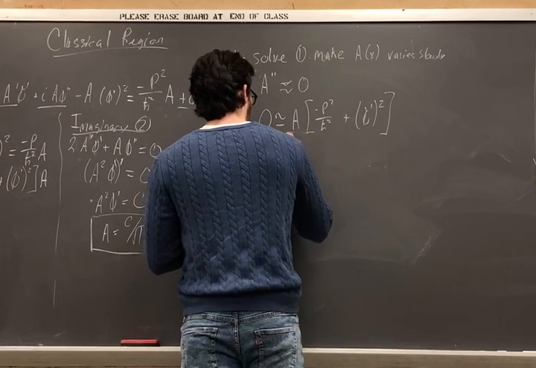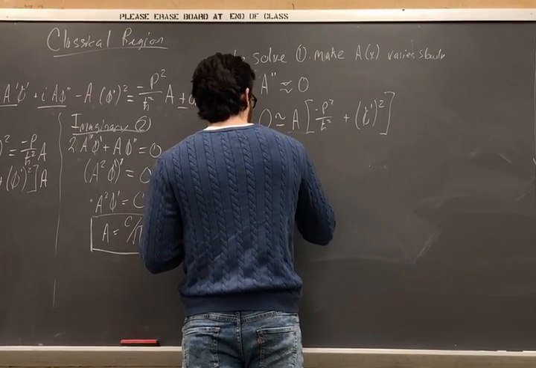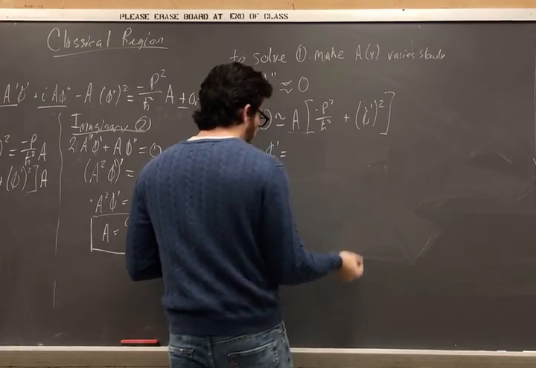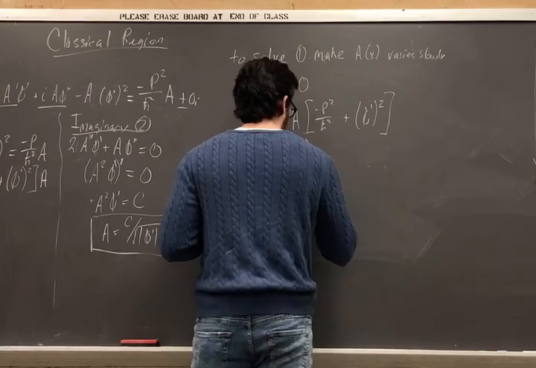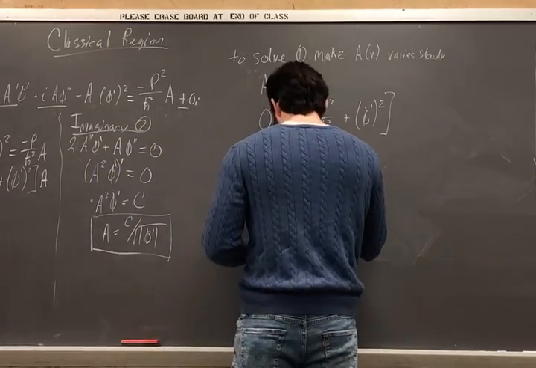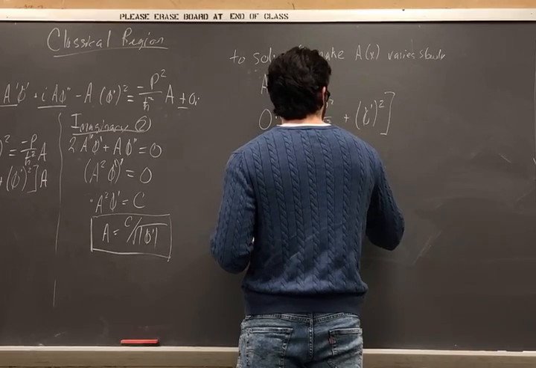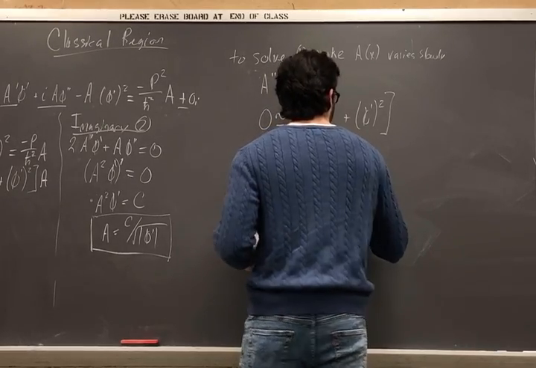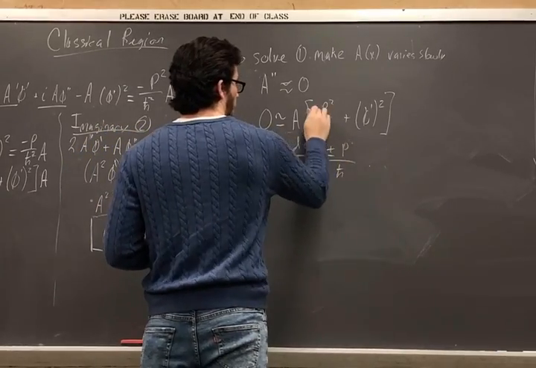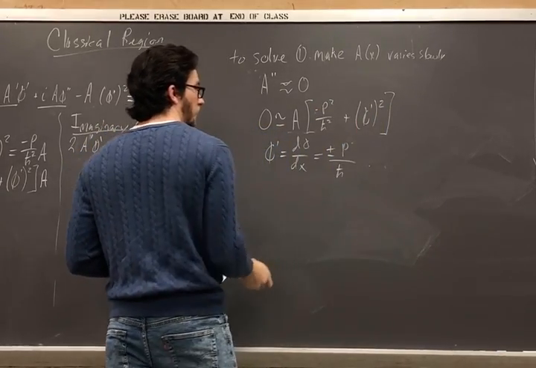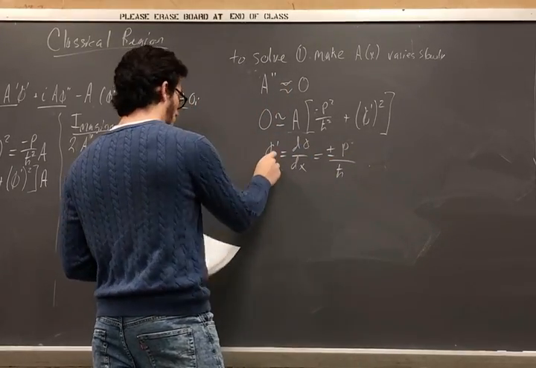So let's divide everything by a, get rid of those, and then we get phi prime, which basically is d phi dx, if you remember, right? That equals plus or minus p over h bar. You guys see how I got there? I subtracted this on both sides, merged the minus signs, and then took the square root of both sides. Okay, that's why I got the plus or minus p over h bar with our phi prime.